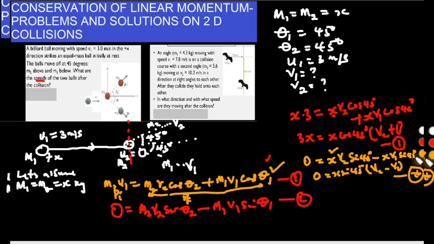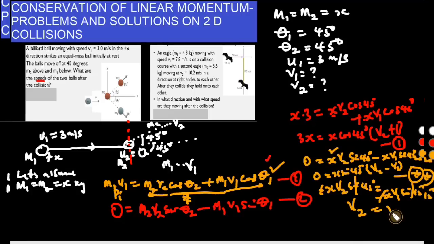From equation 2a, if we cross, we have minus x v2 sine 45 degrees equals minus x v1 sine 45 degrees. So this can cancel, and we have that v2 equals v1. So it implies that for this problem, the final velocities are the same.